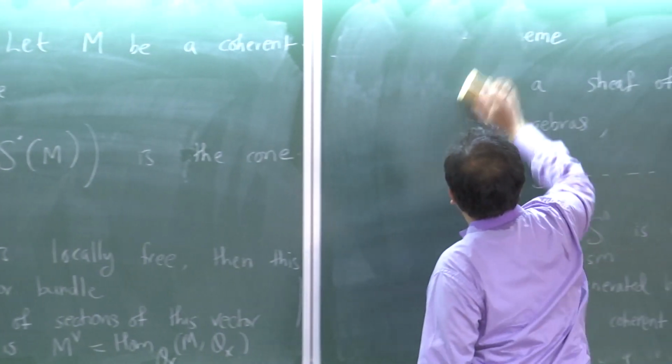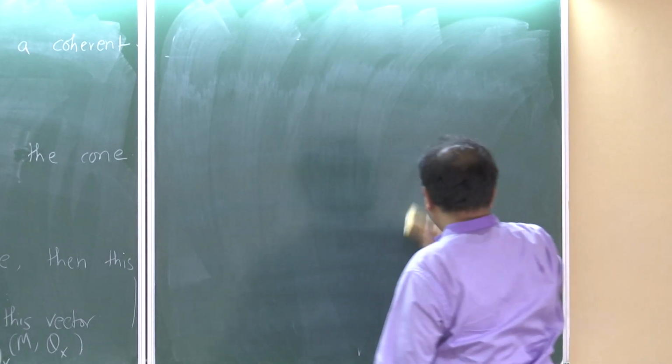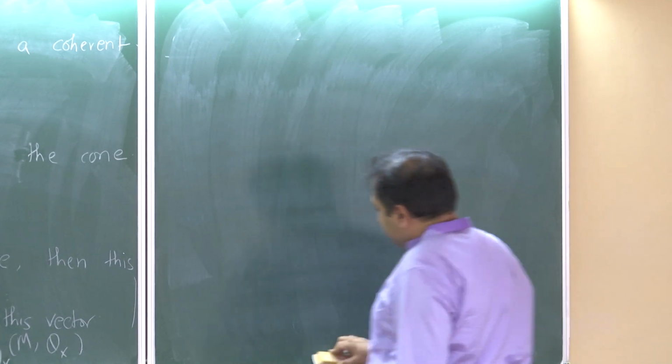So now in particular, in that construction of the sum, I can take one of the cones to be the trivial line bundle.